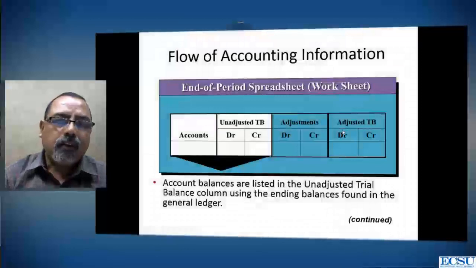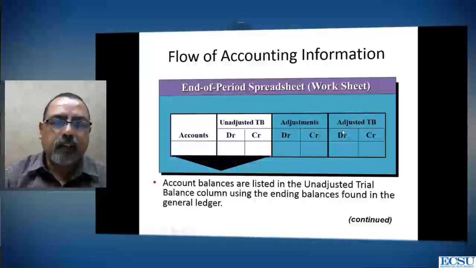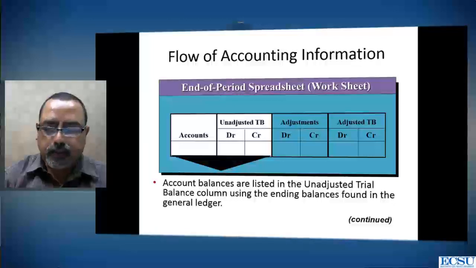Now, continuing with the flow of accounting information, this is a format of the worksheet that I just explained to you. In the first column, we have accounts, that is the title of the accounts that we'll be listing, and account balances are listed in the unadjusted trial balance column using the ending balances that are found in the general ledger before any adjustment has been done.